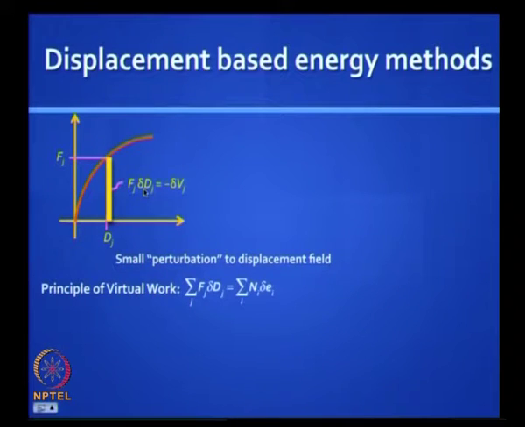And so, you will see if you look at the jth coordinate, if I give a small perturbation delta dj, which you see here, then there is a small change in the load potential energy, because fj is not changing, you are not disturbing the loads.